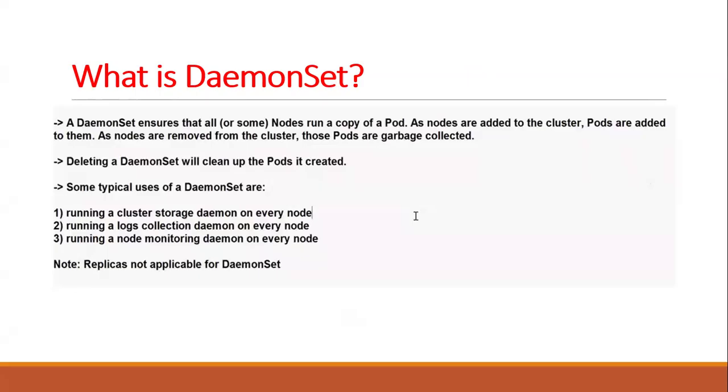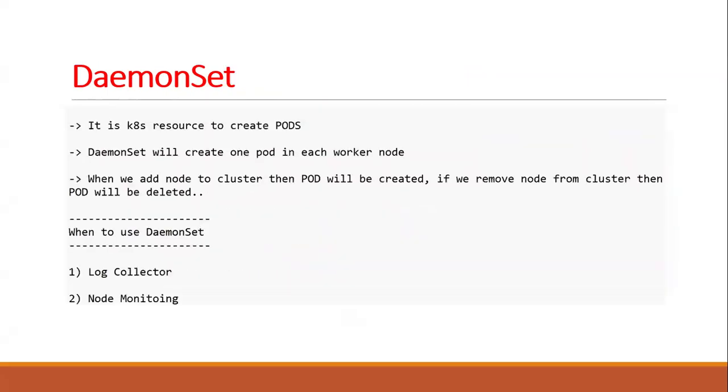Replicas are not applicable for the daemon set. They are applicable only for the replica set. So what is a daemon set? It is a Kubernetes resource to create pods. A daemon set will create one pod in each worker node.